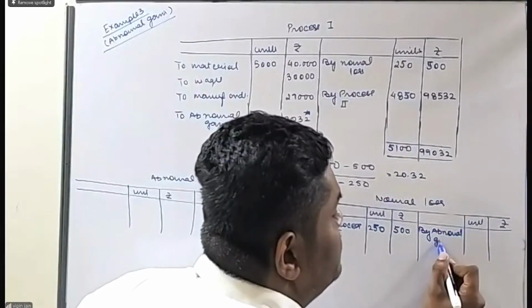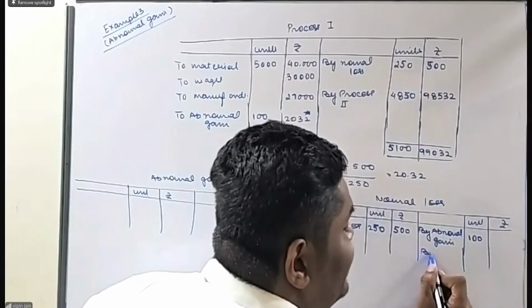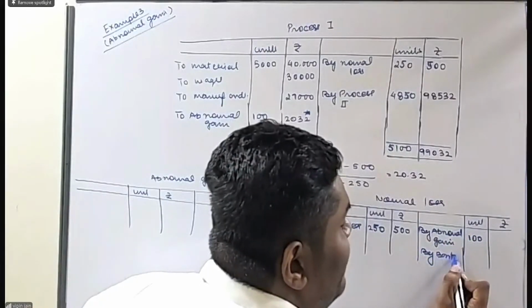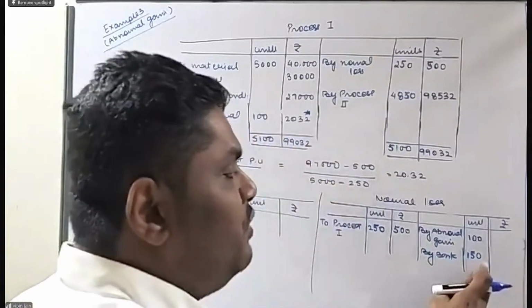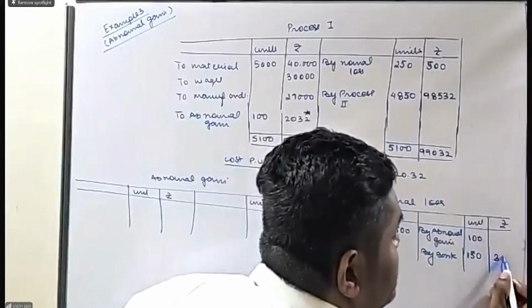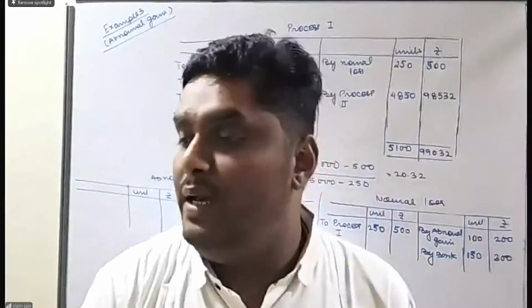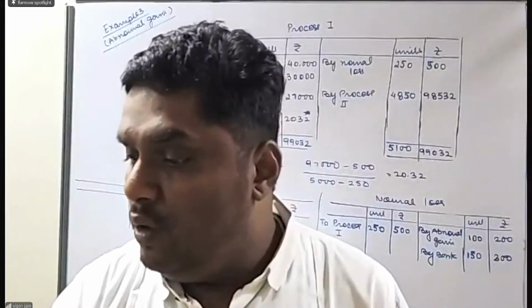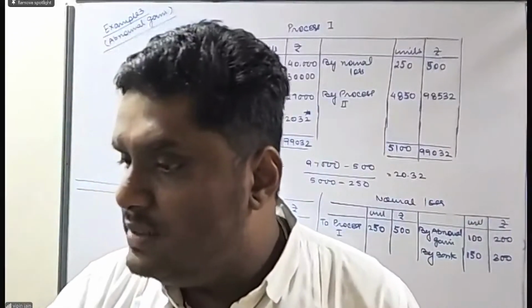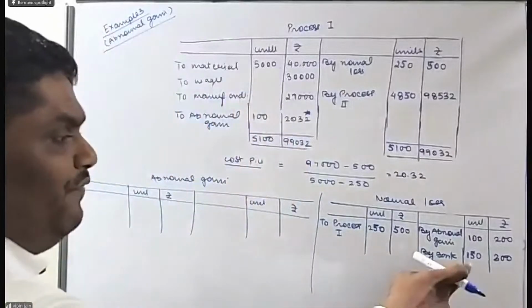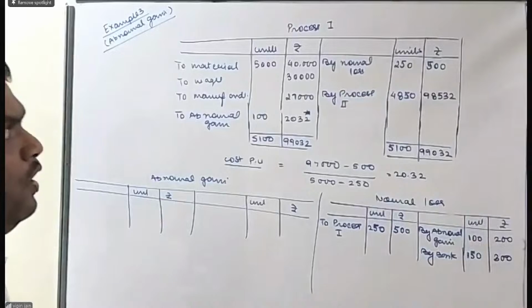So the units that are actually sold in the market is only 150 units. So 300 is realized and balance will be adjusted against abnormal gain. Very good, everyone. All your answers are correct now. So Jayendra correct, Almas correct answer. Very good, guys. So 150 units are actually sold in the market and balance will be adjusted against abnormal gain.